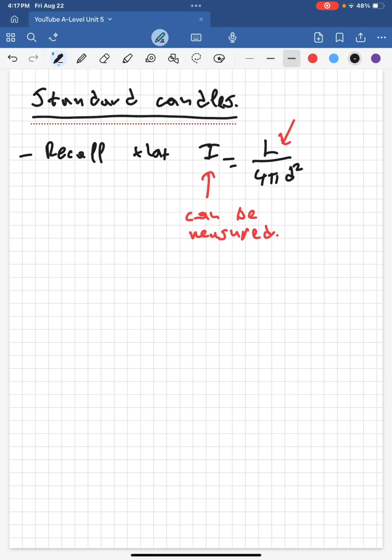So it turns out that standard candles are types of stars for which the luminosity is known.